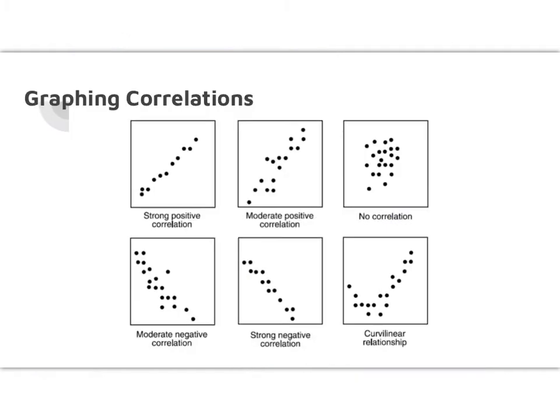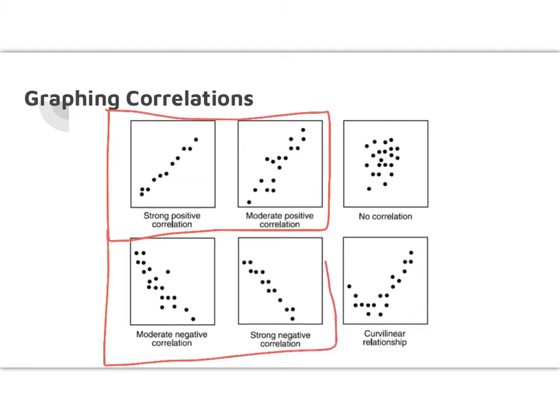All right, so let's look at scatterplot correlations, because this is something we are going to see a lot this year. So up here we have our positive correlations, and then we also have our negative correlations. Okay, so going from my bottom left to my top right, and then from my top left to my bottom right. However, we will sometimes have no correlation.